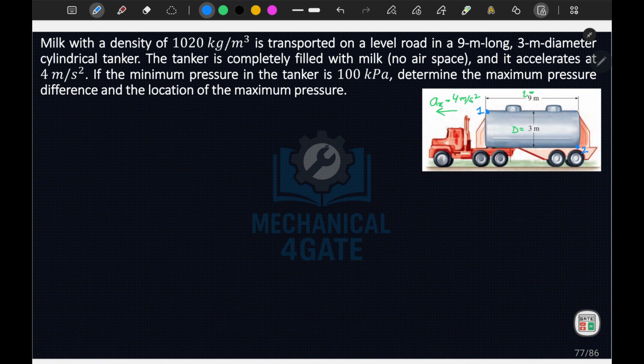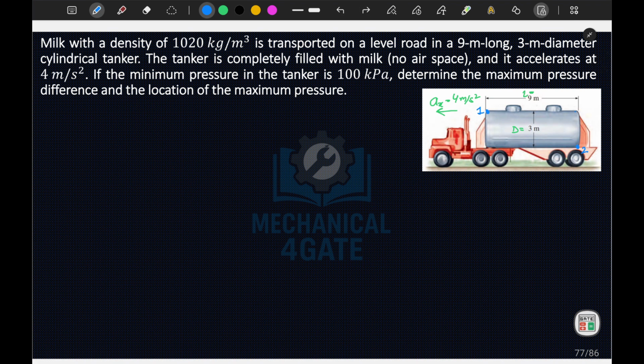If there was some air space, the free surface would try to form something like this. So the water level will try to fall here, and at this side the level will try to rise. So the pressure at point 1 should be minimum and the pressure at point 2 should be maximum.